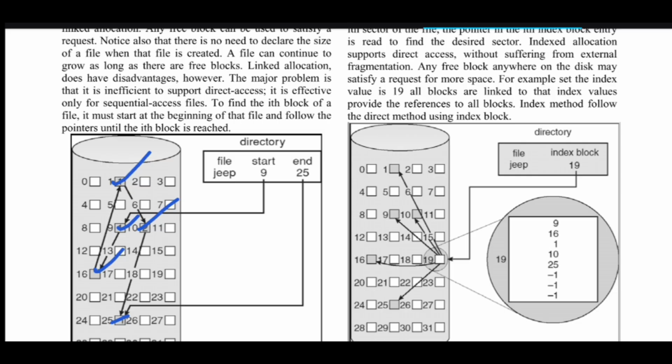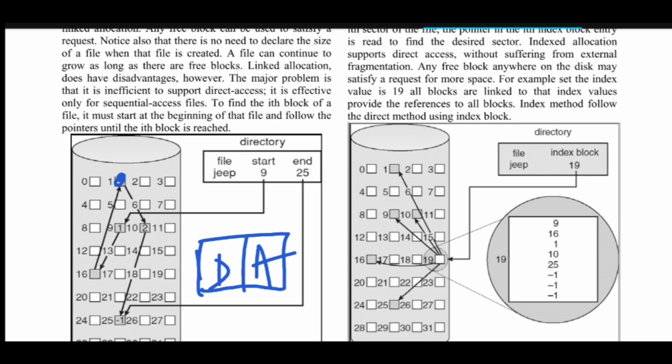If we take a single file, it mainly has two parts: one is data and one is address. This address is for the next data file. In one place we find some data and the address of the next place, in linked allocation.